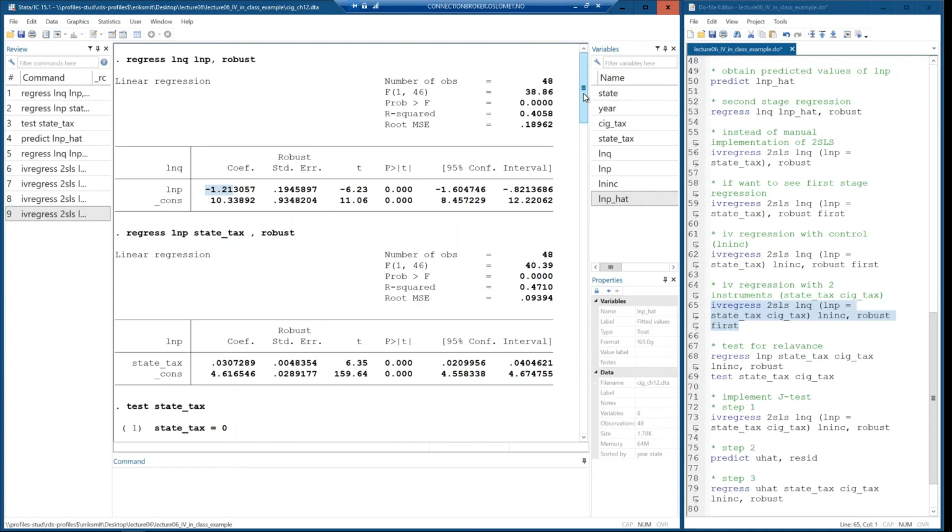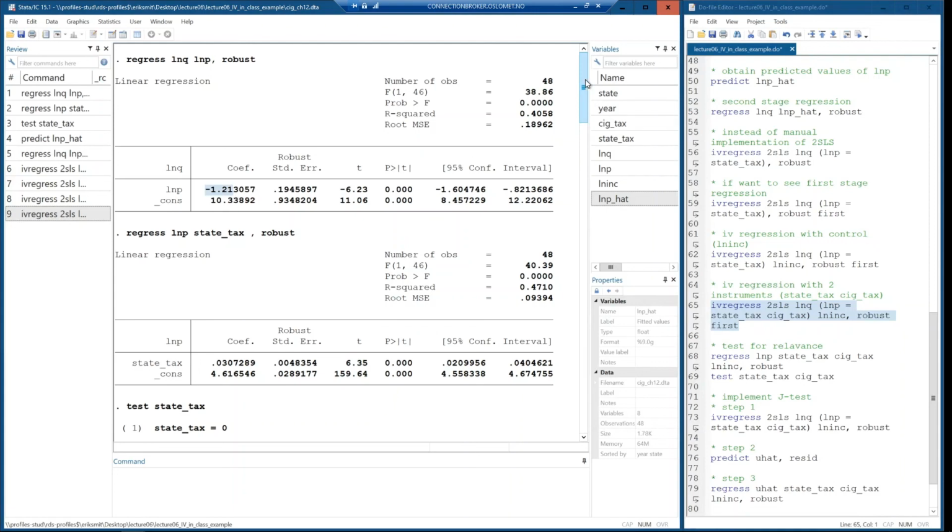But without going through the instrumental variable regression, you would not have much faith in this first regression result.